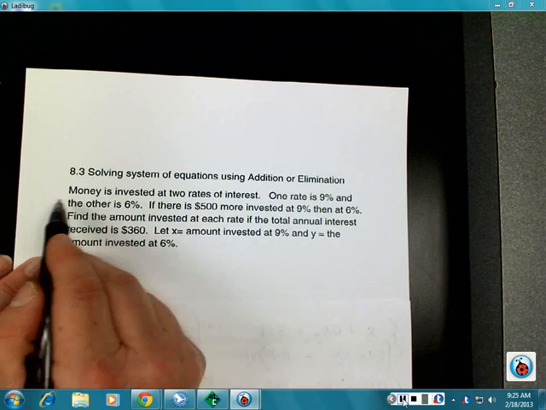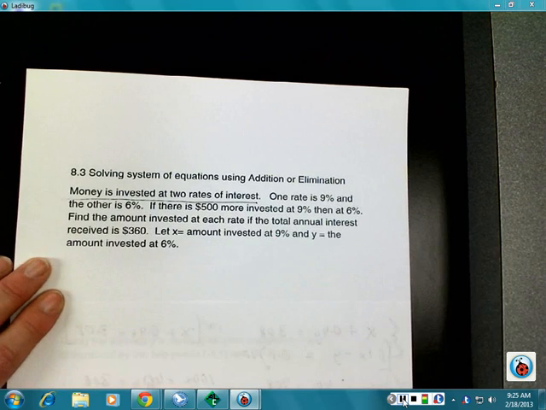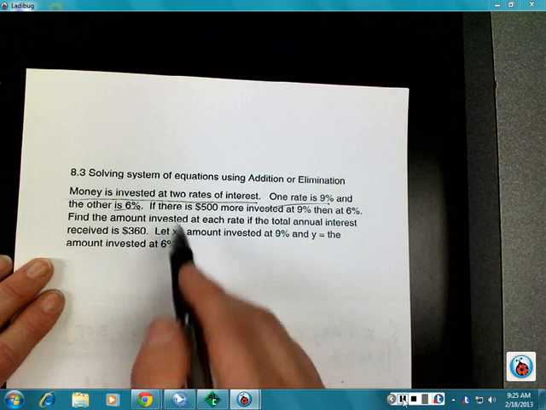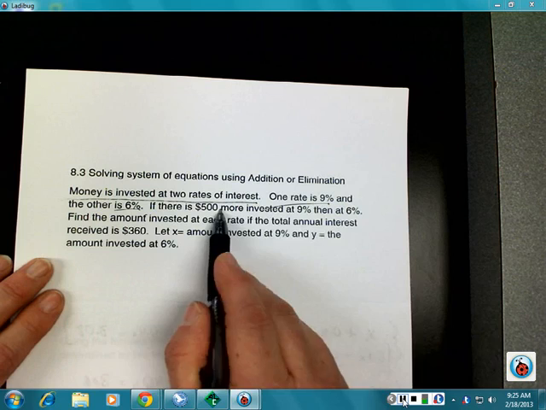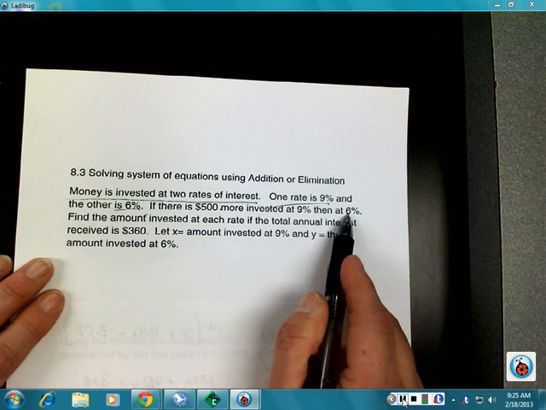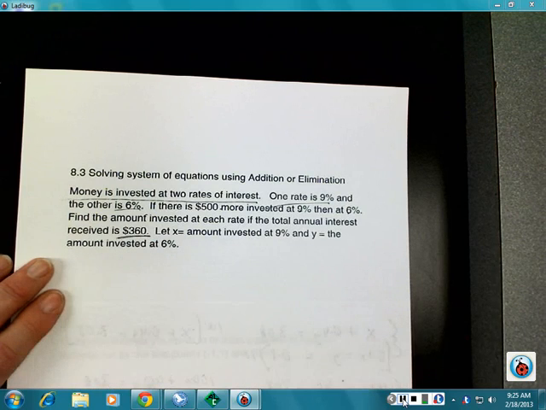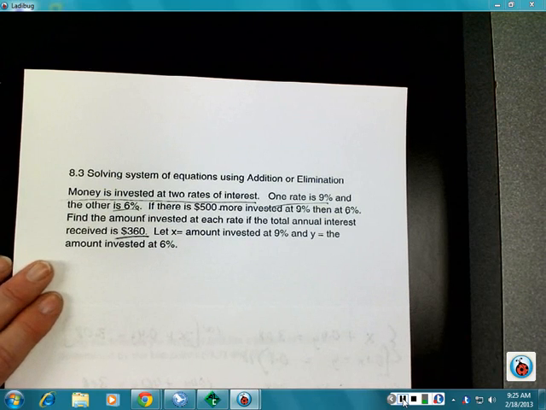So money's invested at 2 rates, so we know that part. One rate is 9%, and we said that's our X value, and the other is 6. If there's 500 more invested at 9% than at 6, find the amount invested at each rate if the total interest is this amount. So if the total interest, how do I gain interest?